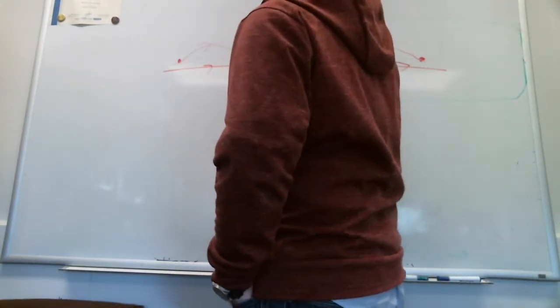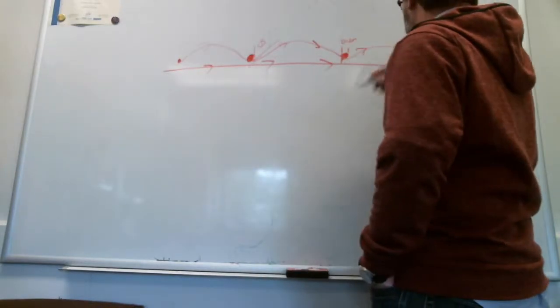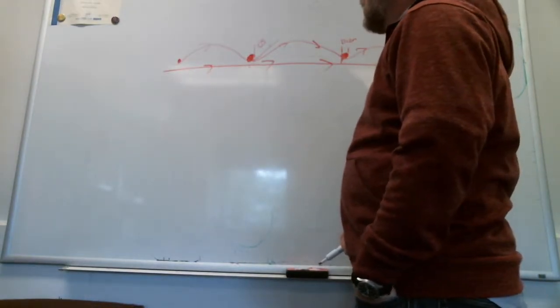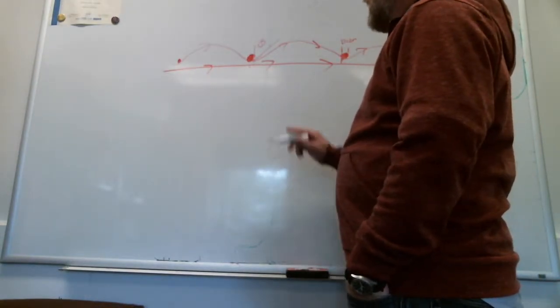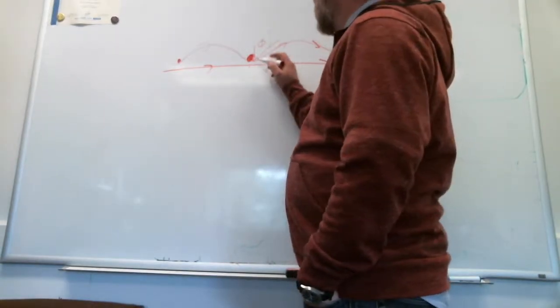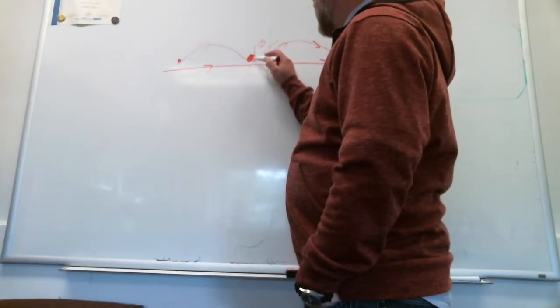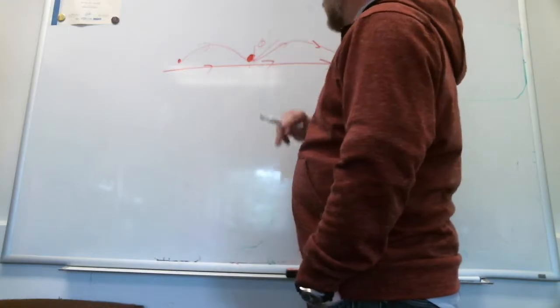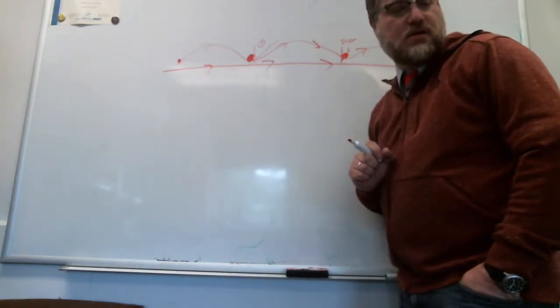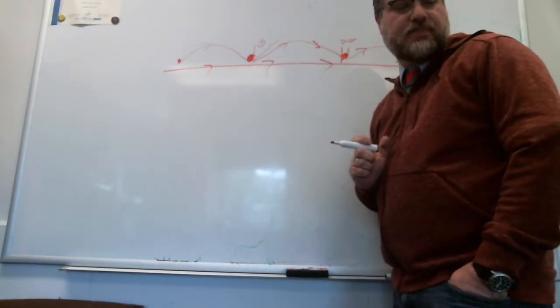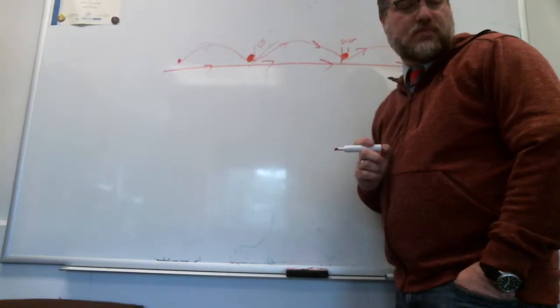Remember, we always need to keep our sense of our dislocation line. And so what we're interested in is how much bowing do we get for a certain amount of force.